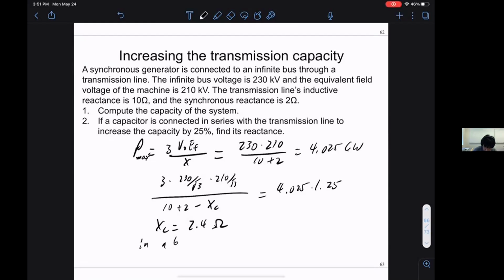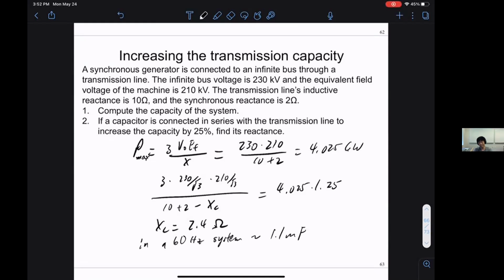In a 60 Hertz system, this is roughly 1.1 millifarad. So how big is a 1.1 millifarad capacitor that carries a lot of current? Anybody have an idea? No, this is an extremely large capacitor.